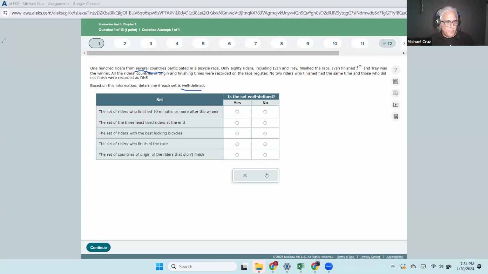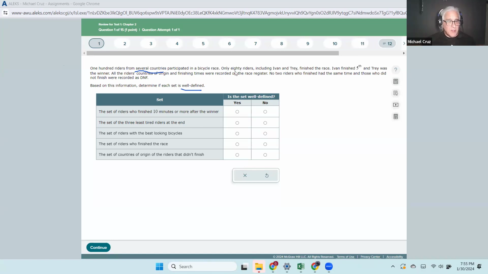So, is it possible to know this? The set of riders who finished 10 minutes or more after the winner. No. Why not? What else don't they say? Well, they're recording all of the finishing times for all 80, unless they did not finish.